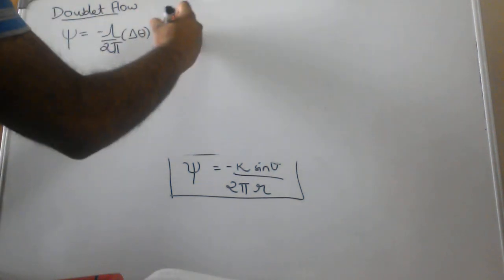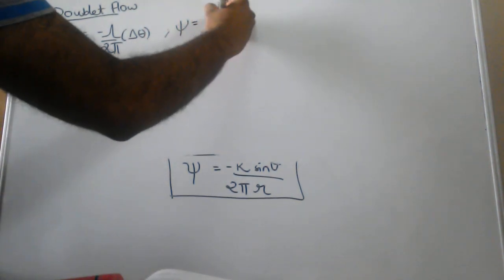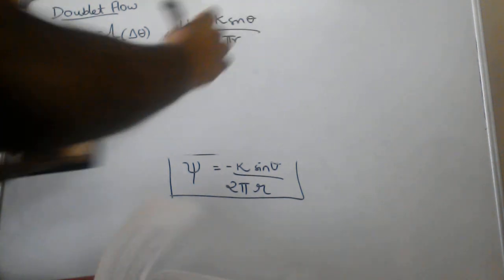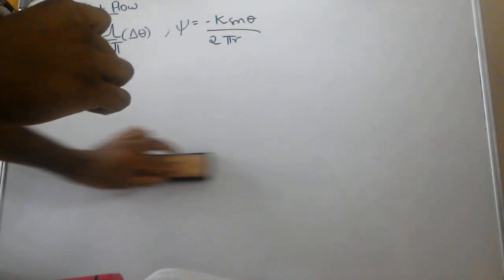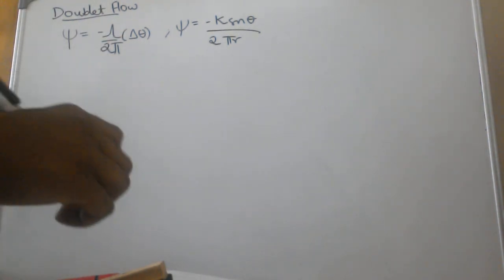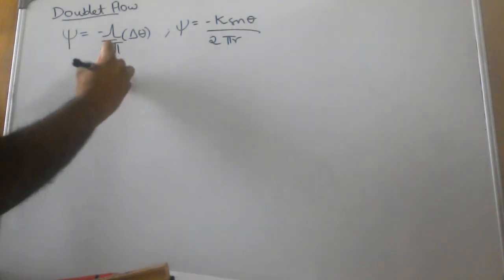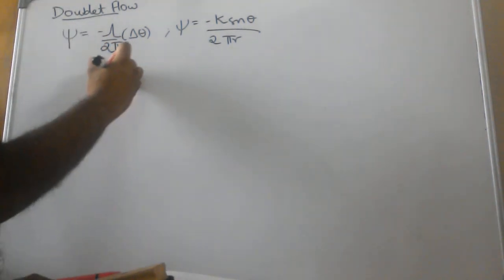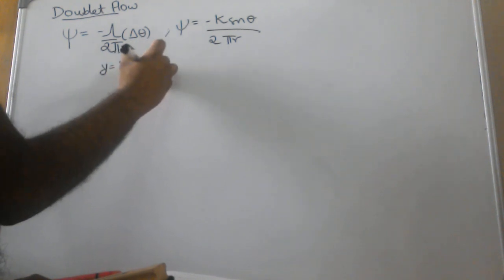So what we have is minus kappa sine theta by 2 pi r, right? So let me now use the relations between the Cartesian and the polar coordinate system for performing the transformation.